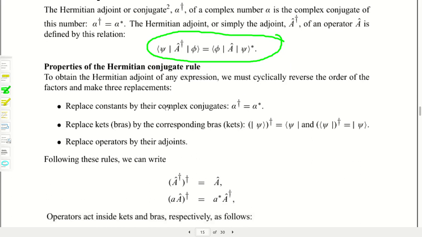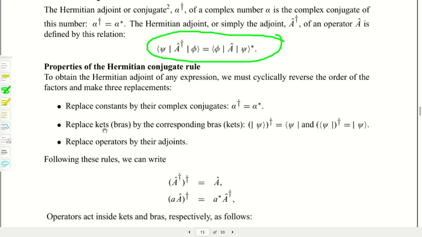Okay, the properties of the Hermitian conjugate rule. If you take a scalar, its Hermitian conjugate is nothing but its star, that is its complex conjugate form.